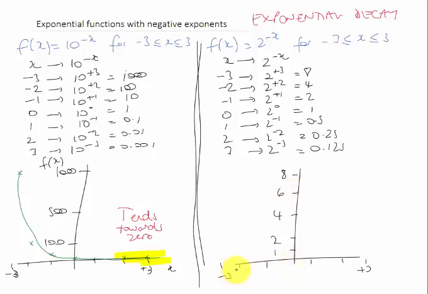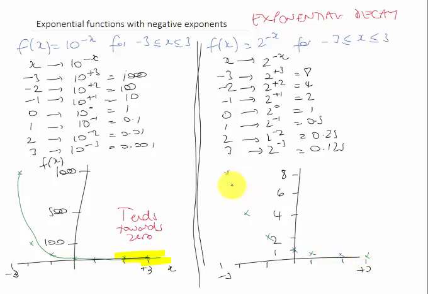Right, so minus 3 over here gives us 8. Minus 2 is 4. Minus 1, 2. 0 gives us 1. 1 gives us a half, and a quarter, and an eighth.